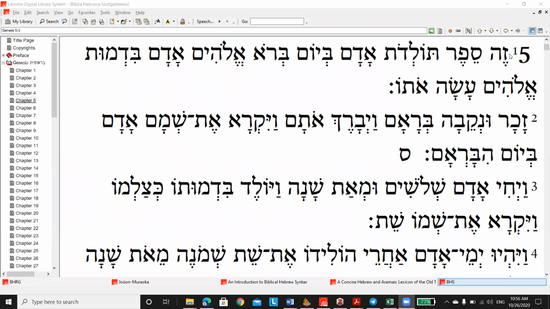Sefer. Silver or money? No, Kesef, Kesef. This is Sefer. The book. Yes, we can say the book or the document.